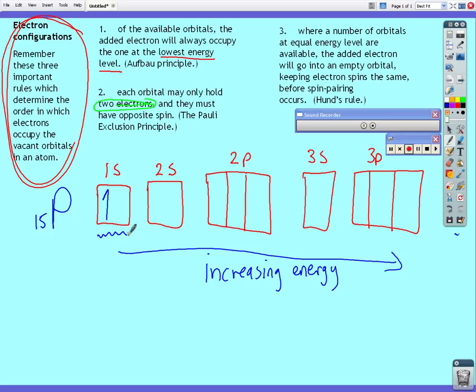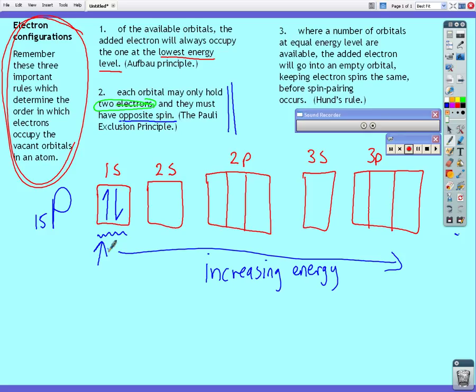But each orbital may only hold 2 electrons, and they must have opposite spin. And we indicate the opposite spin by changing the direction of the arrowhead. So we've got 2 electrons here, both with opposite spin, and both with equal energy.